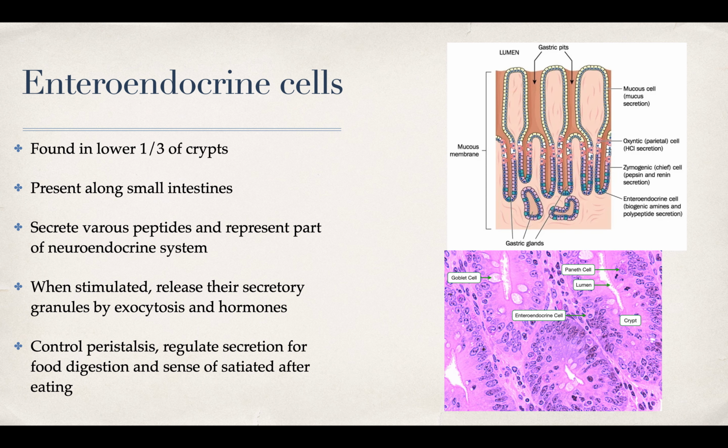When they're stimulated, they will release their secretory granules along with the hormones, and they control peristalsis and regulate secretion for food digestion and a sense of satiety. Here are the enteroendocrine cells. They lie kind of far away from the lumen. Crypt cells, on the other hand, are fairly close.